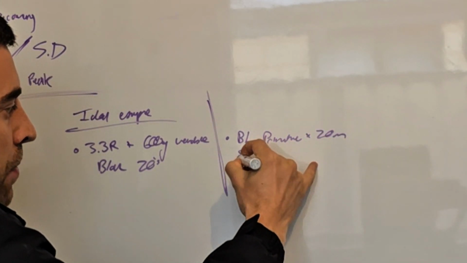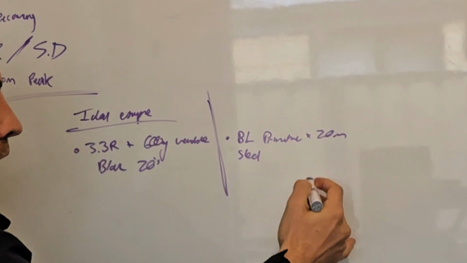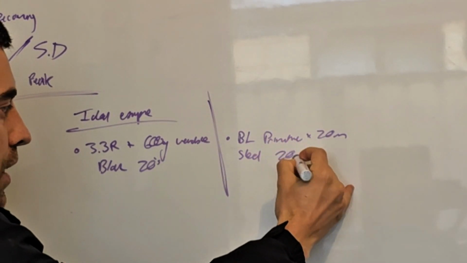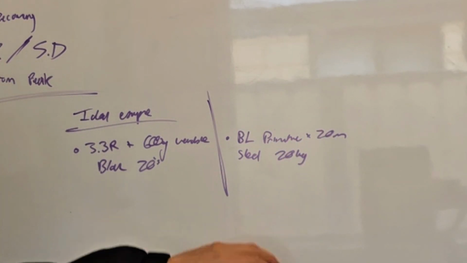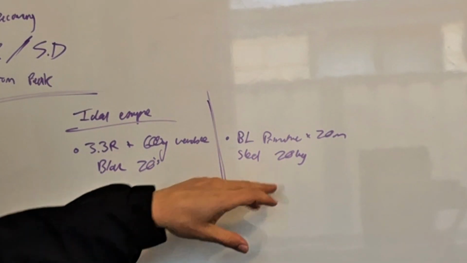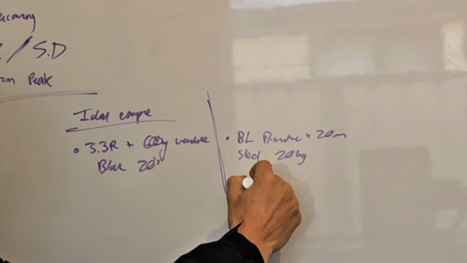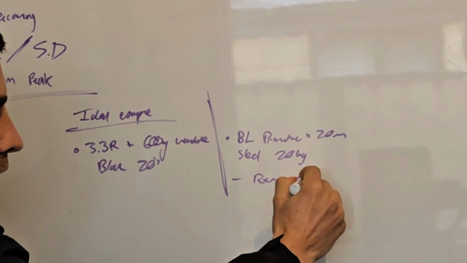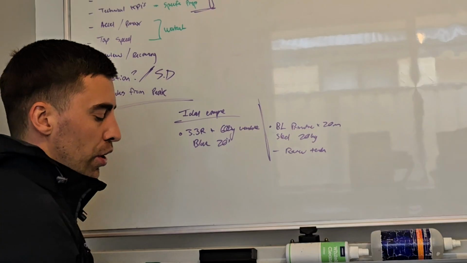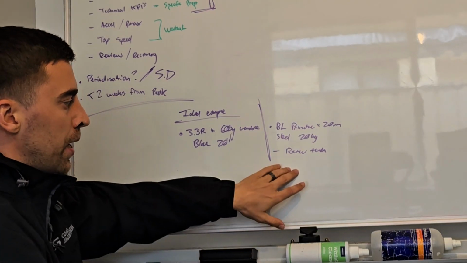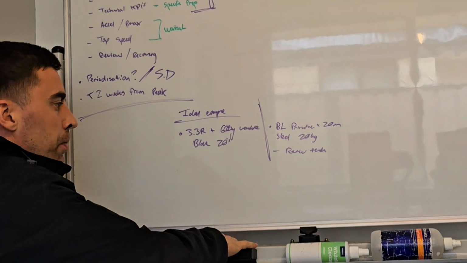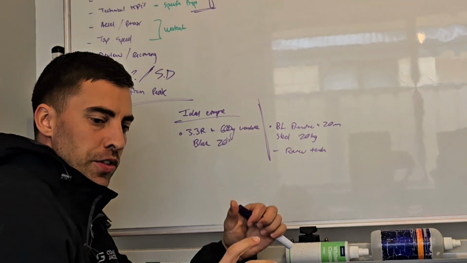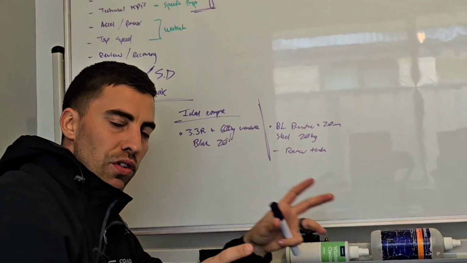And if I had a sled, maybe I do that on a sled with, let's say, 20 kgs. I'm just putting it out there. I would do this, and then I would review it, like filming it. I would review the technique and make sure that I'm executing it the way I want from there. Now, I just want to point out as well that most phones can be set up to film.